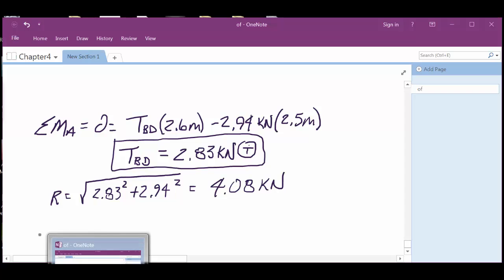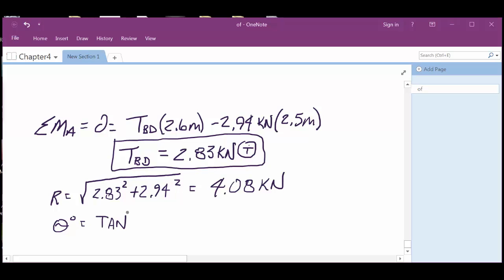But then you also need to find out what the angle is. And remember the arctangent of 2.94, which is the y, over the x. And that would be going off at 46.1 degrees. Seems kind of odd, doesn't it?